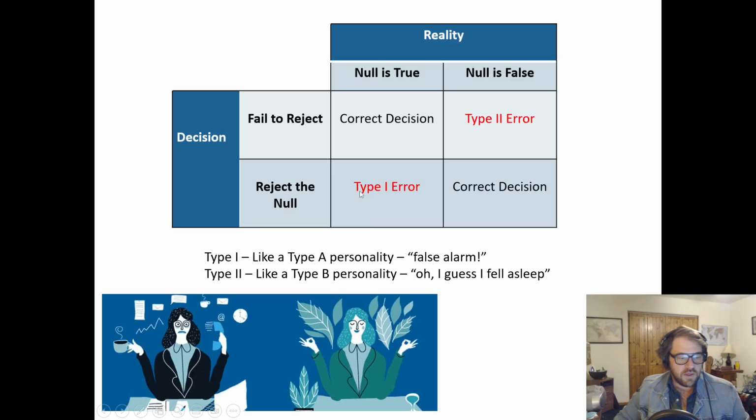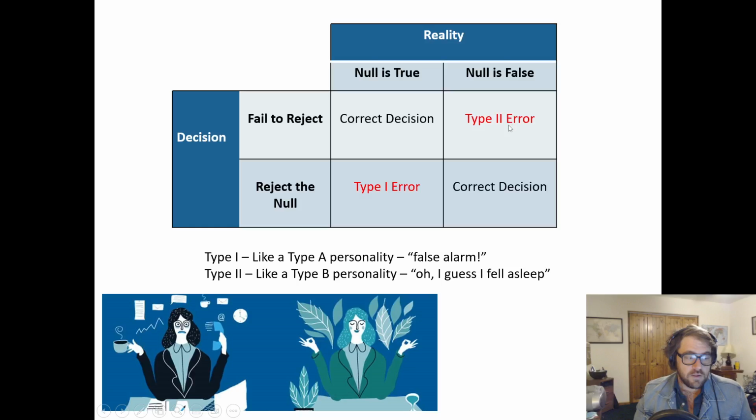False alarm. And then type 2, which is like type B, very chill and calm, and they fall asleep a lot. I'm a type B personality, so I can attest to accidentally falling asleep sometimes. And so what happens here is in reality, the null is false.